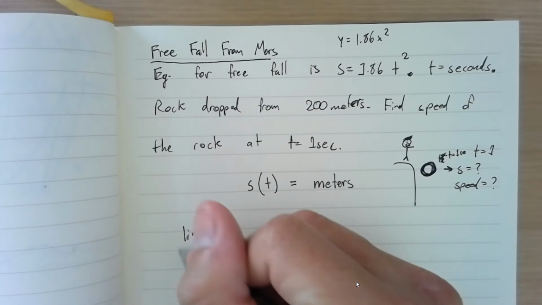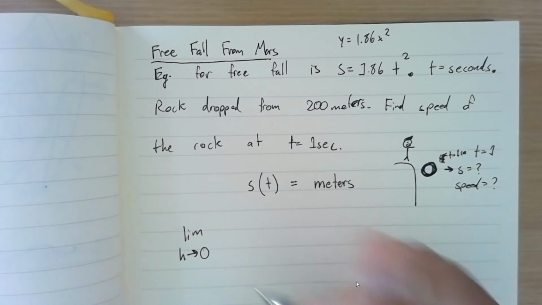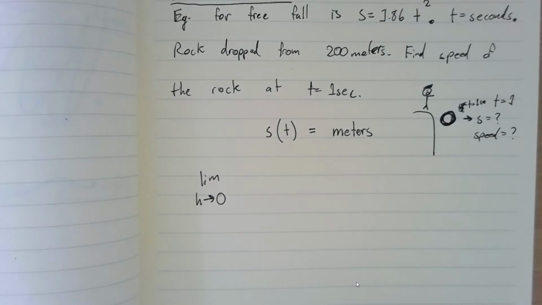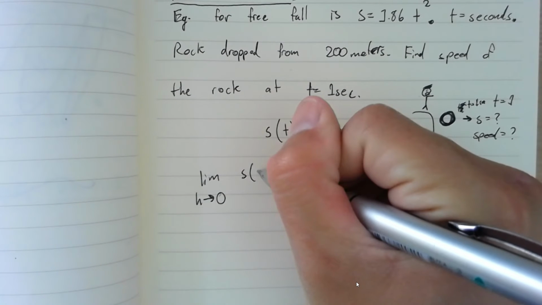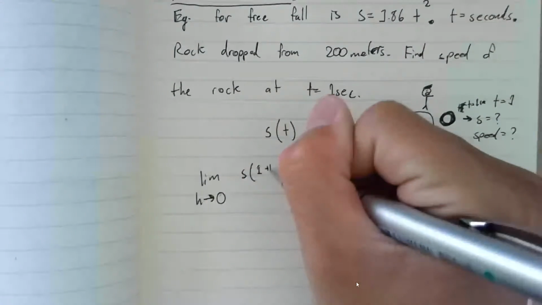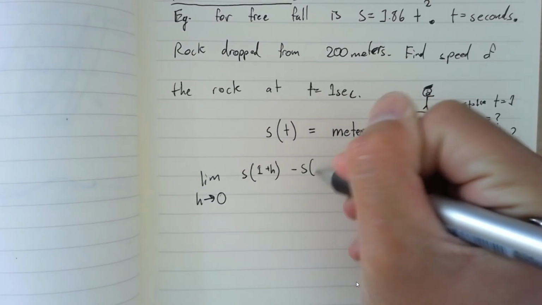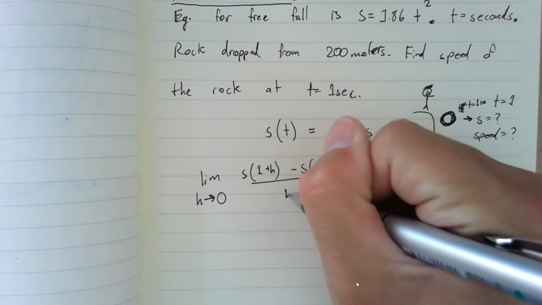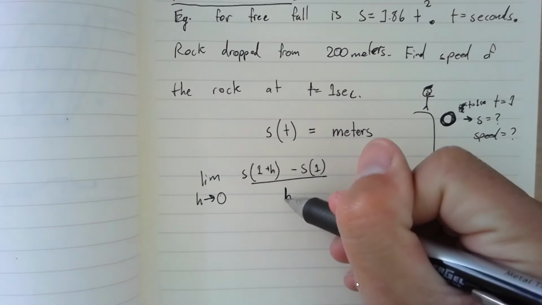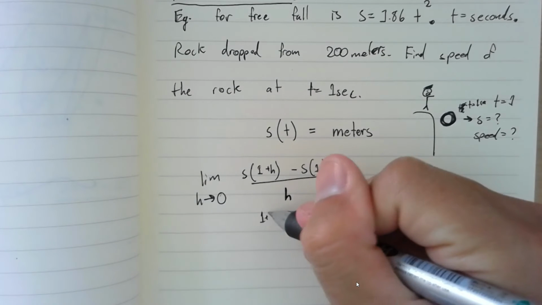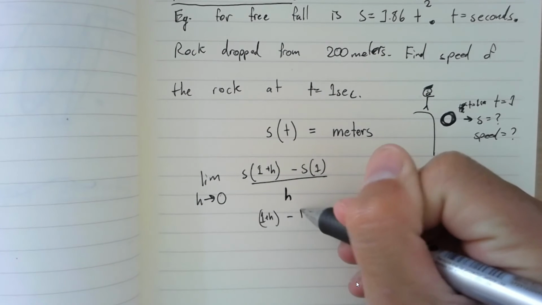We're going to take the limit as h approaches 0 of s of 1 plus h minus s of 1, over h. If you remember, the origin of h is 1 plus h minus 1.